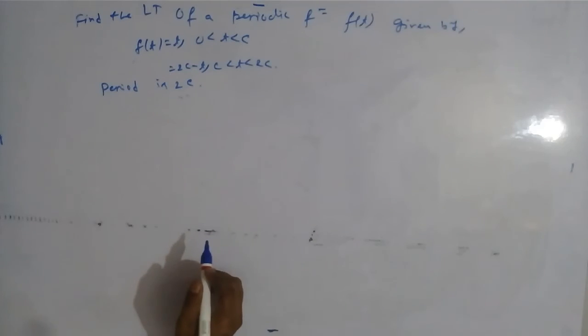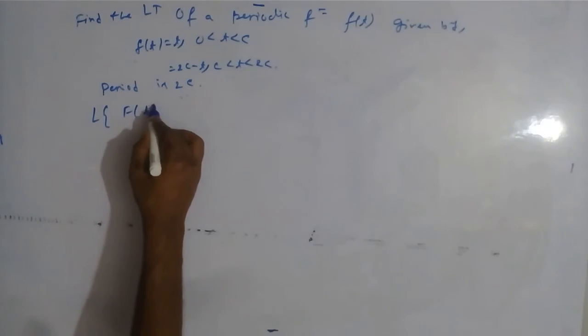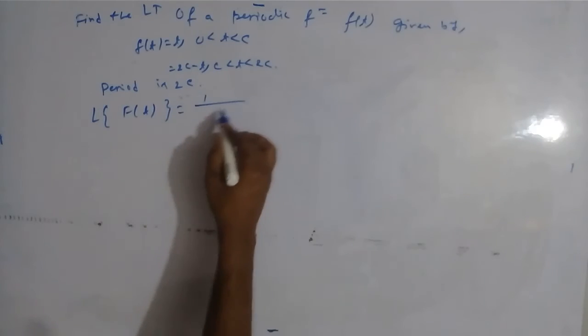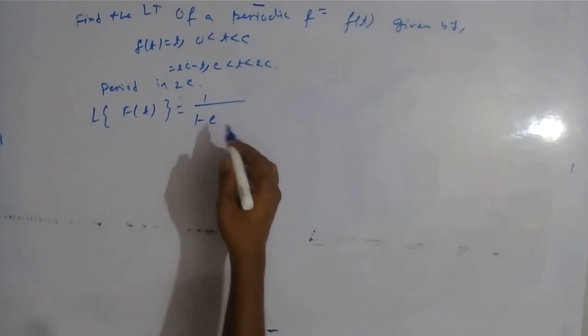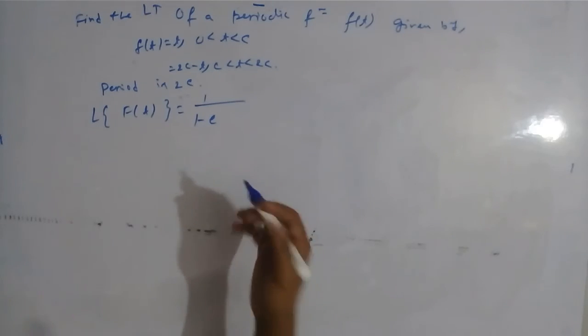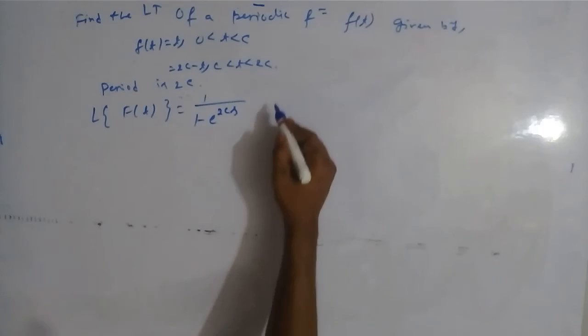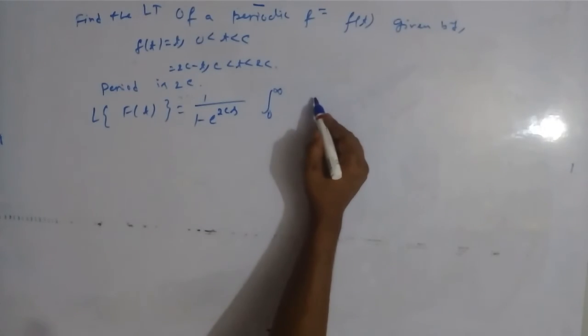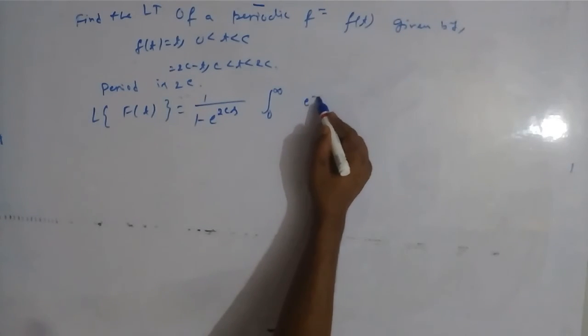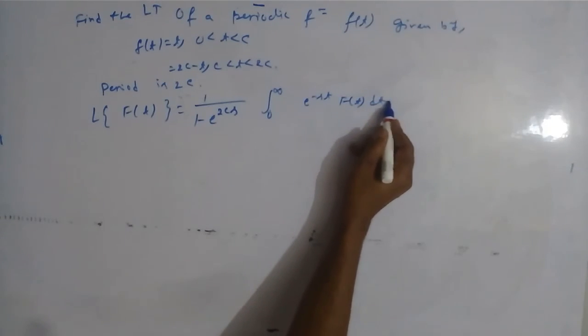Now we know that the Laplace transform of a periodic function is given by 1 by 1 minus e to the power minus sT, where T is the time period, that will be 2cs, times the integration from 0 to T, that is 0 to 2c, of e to the power minus st f(t) dt.